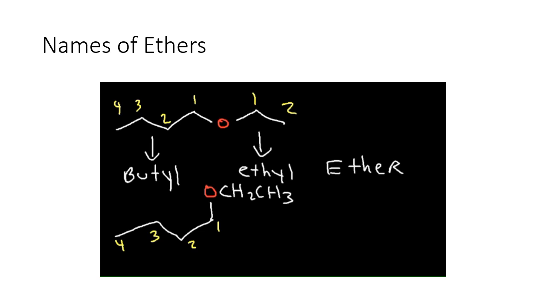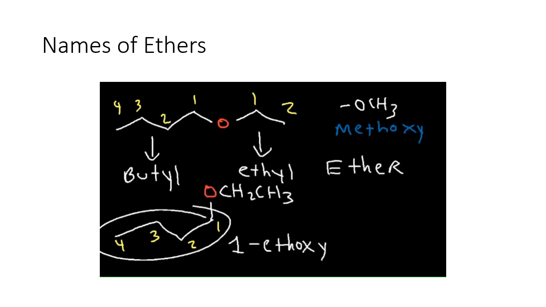OCH3 is known as methoxy as a substituent because it has only a methyl group. Here we have an ethyl group attached to it. So this is called ethoxy. So it's 1-ethoxy, and the parent name is butane. It's a 4-carbon alkane. So 1-ethoxy butane. That's the IUPAC name for that example.